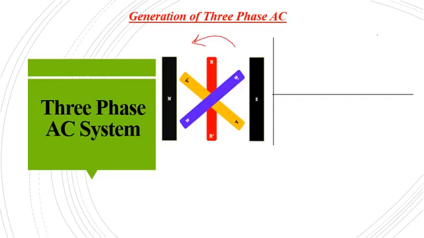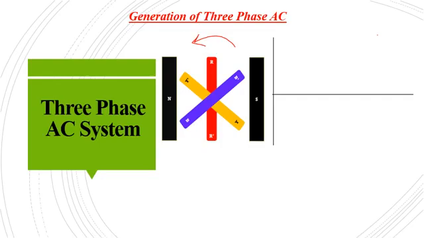Okay, so first of all consider the first set of coil, that is your R coil, which is denoted here in the figure as red in color. We know that when one set of coil is rotated in a uniform magnetic field, we will be getting a single phase voltage.